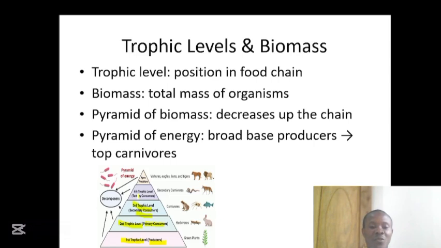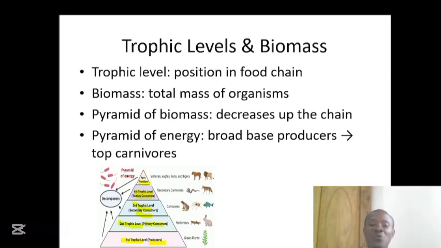We have the fourth trophic level occupied by the tertiary consumers, and the fifth trophic level, as the case may be, which is the apex, occupied by predators.